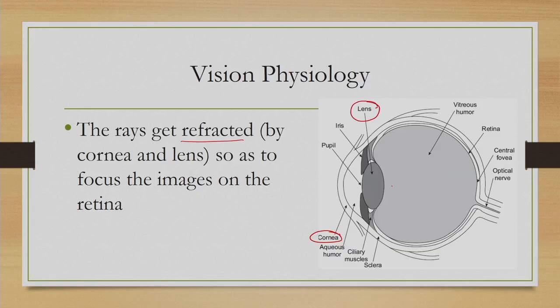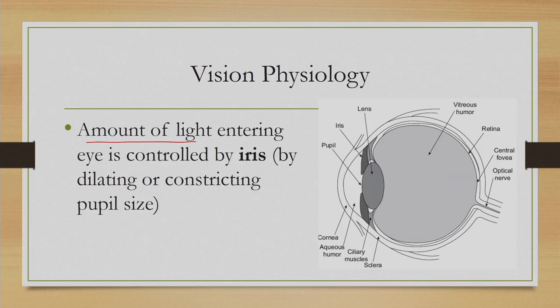Now, once the light rays fall on the retina, the image is formed and then it is transmitted to the brain through the optical nerve. The amount of light that is entering the eye is controlled by the iris, this component, and that is done through the process of dilation or constriction of the pupil. This is the pupil.